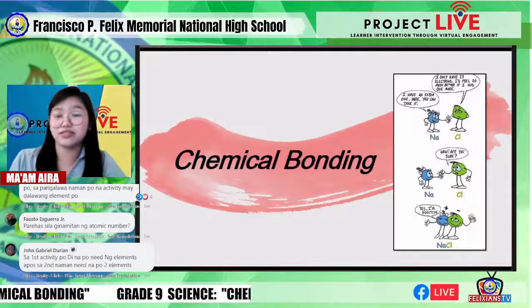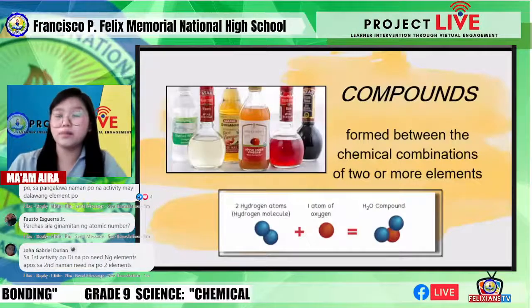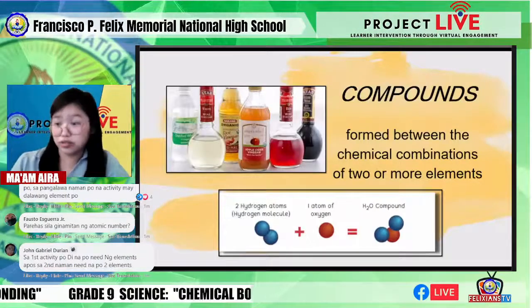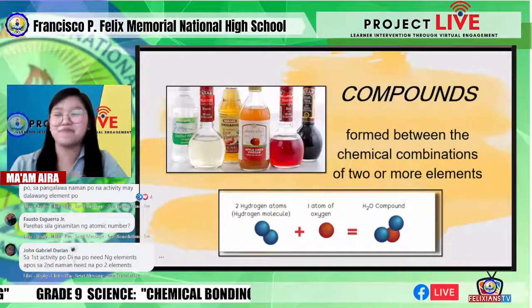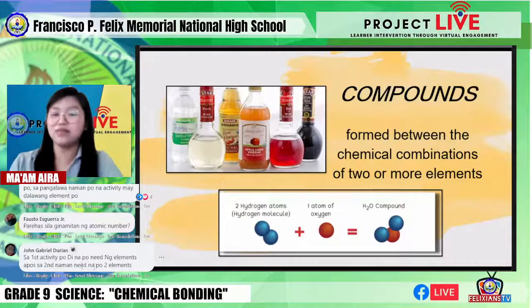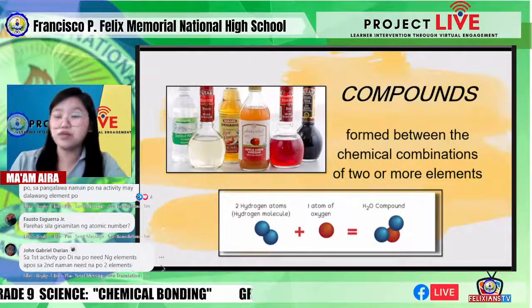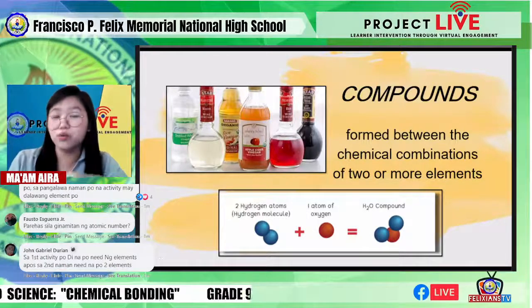ng noble gas family. When we talk about chemical bonding, we are pertaining to compounds. Nagkakaroon tayo ng involvement of compounds. We have compounds like, for example, water. In this one, we have H2O. Compounds are formed between the chemical combinations of two or more elements.